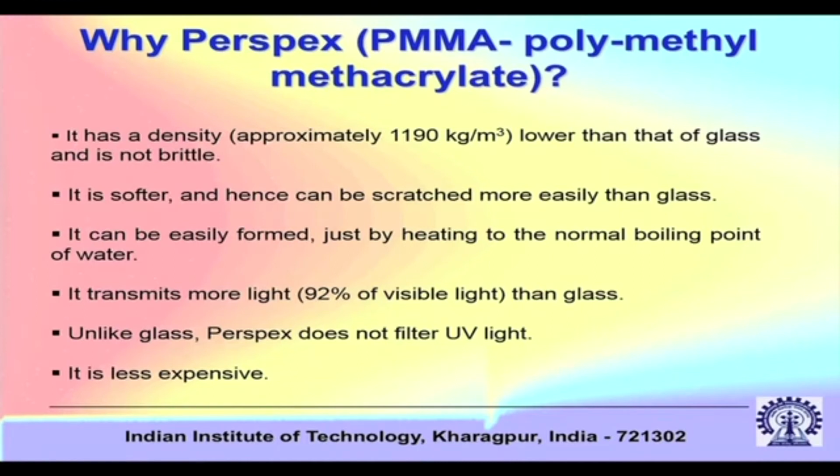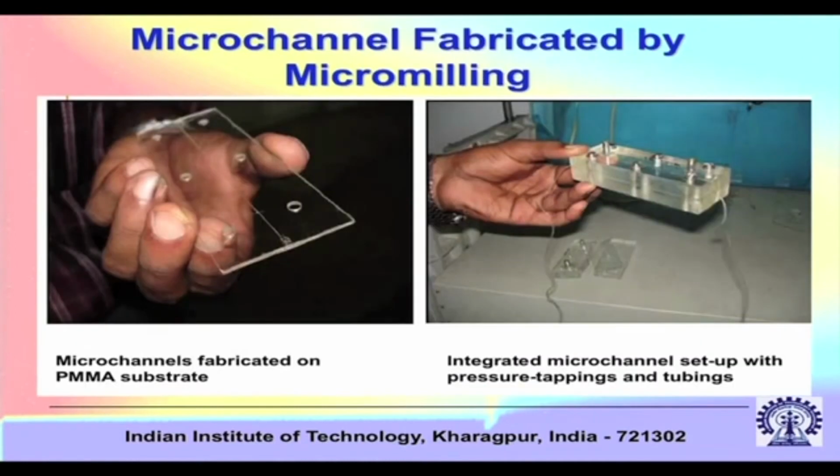So it has so many great advantages, and because of its transparency, you can visualize the flow. So when you are doing fluid mechanics or fluid dynamic studies, you have say a PIV system by which you are visualizing the flow. It is very convenient to visualize the flow because of its transparent system, but it is not as brittle as glass. So typically, this is how things will look: an integrated micro channel setup with pressure tappings and tubings for pressure driven flow.